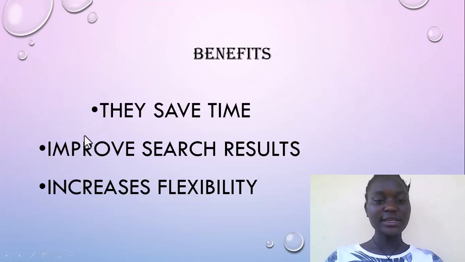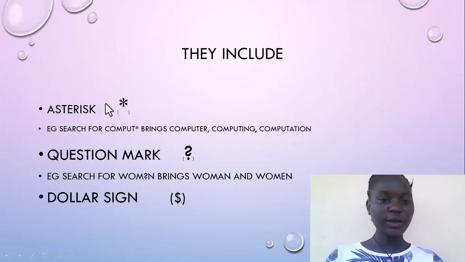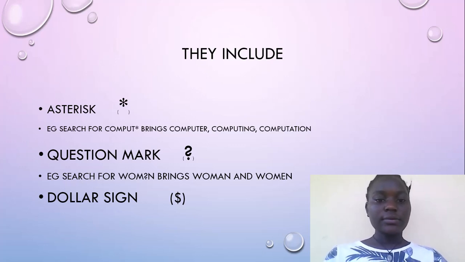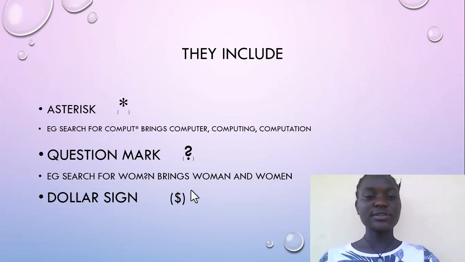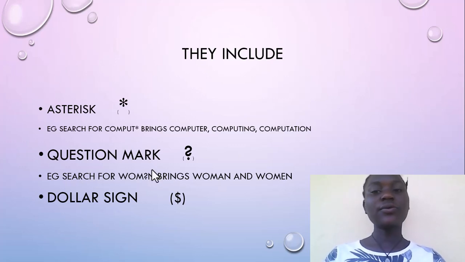If I'm searching for compute, using this asterisk sign gives me results like computer, computing and computation. And if I type in human with a question mark, you expect these results. So let us find out using Google how we apply these truncations.